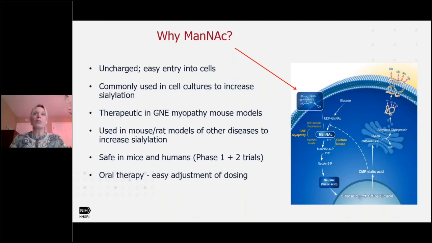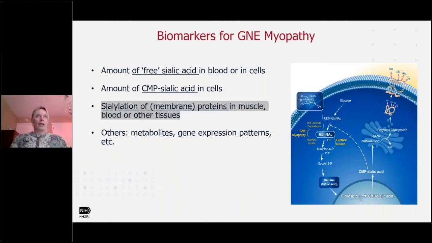And it is a simple oral therapy, so it's very easy to adjust the dosing. You can just stop taking it and you will not make more sialic acid. So you can adjust the dosing according to the amount of sialic acid needed. It's not permanent.